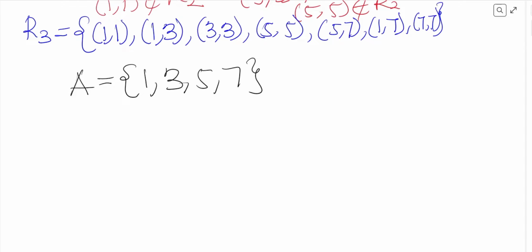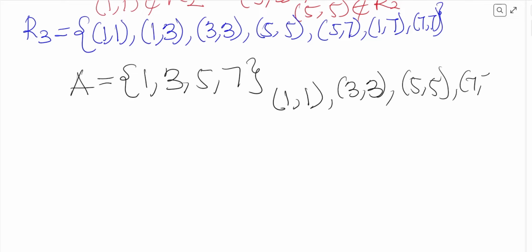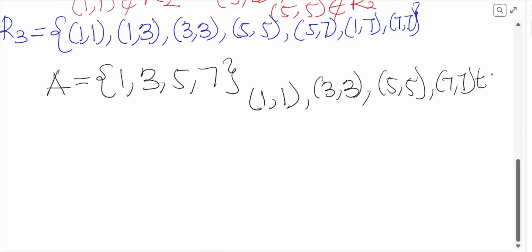To it, we are expecting to see 1 relating to 1 and 3 relating to 3 and 5 relating to 5 and finally 7 relating to 7, all in the relation R3.